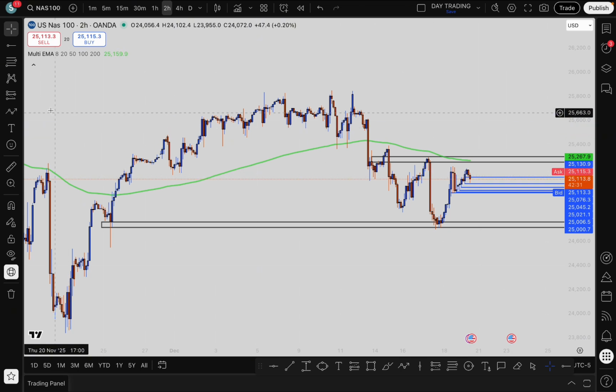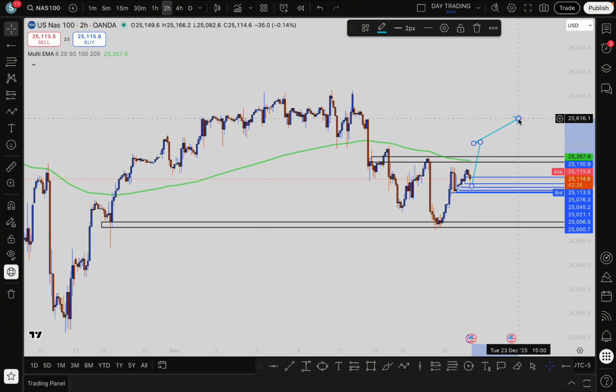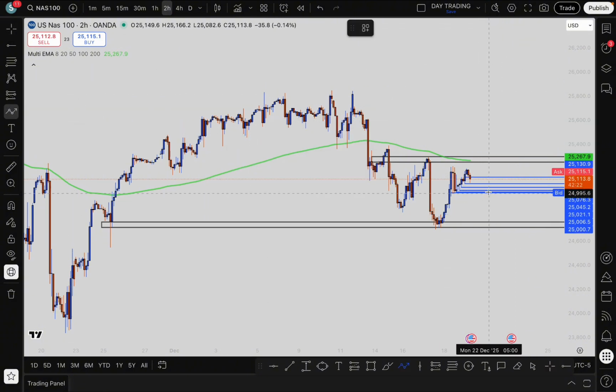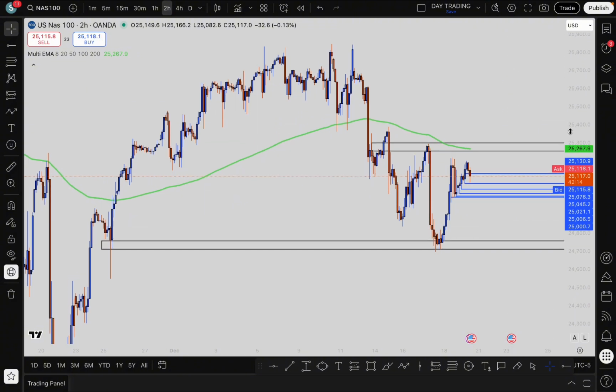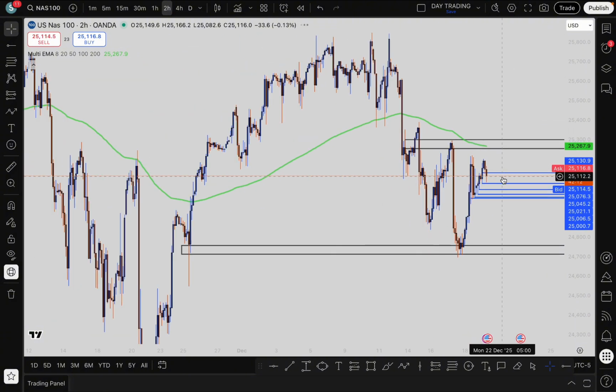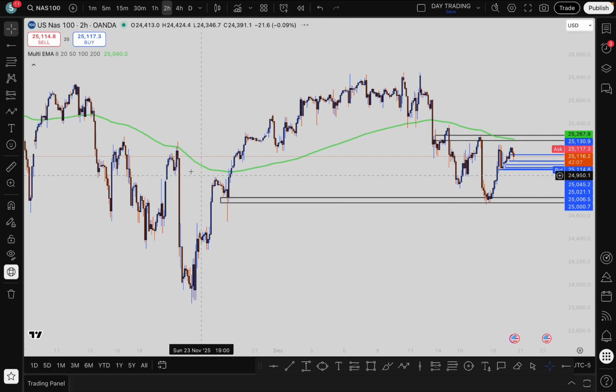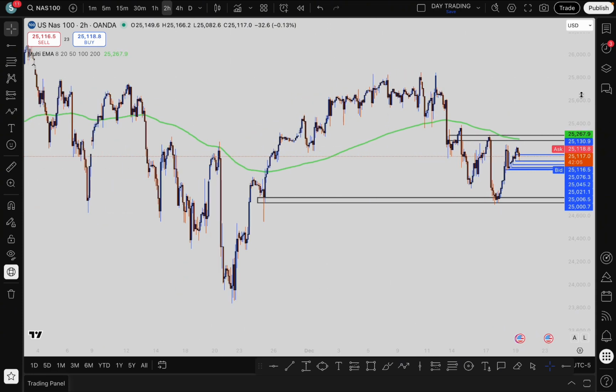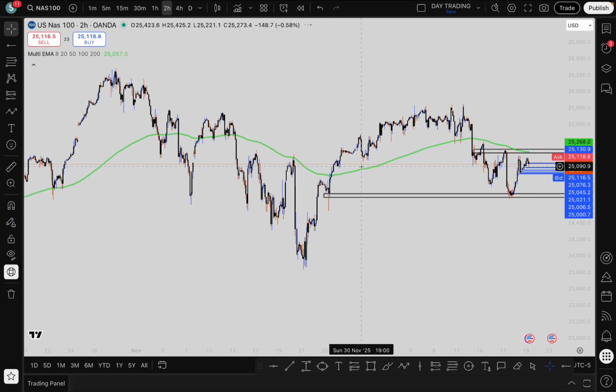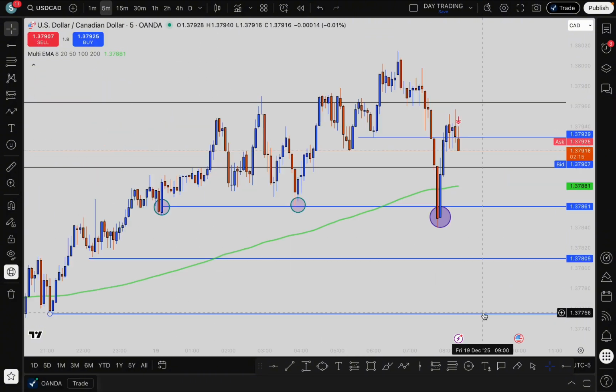Price could easily go like this, or is price thinking about going like this? So that's where I'm at. I wonder if price is going to go up or down. But what we can gather from the 2-hour time frame is that I'm pretty much bullish. Like, bearish.